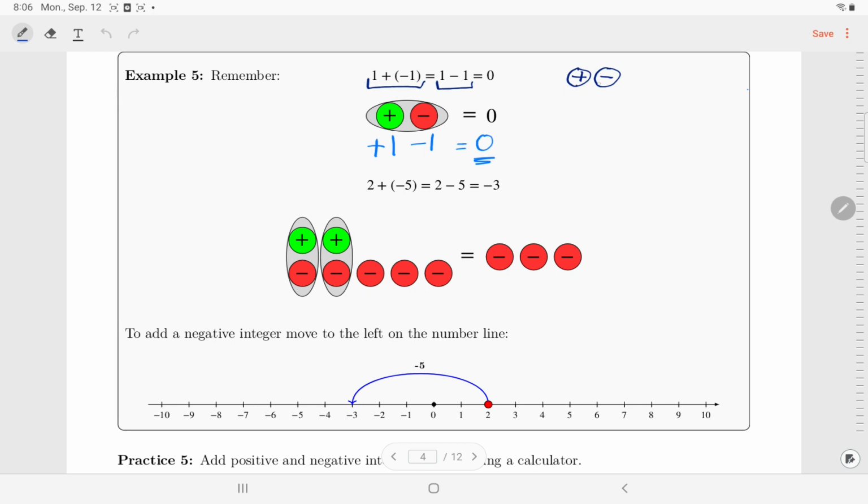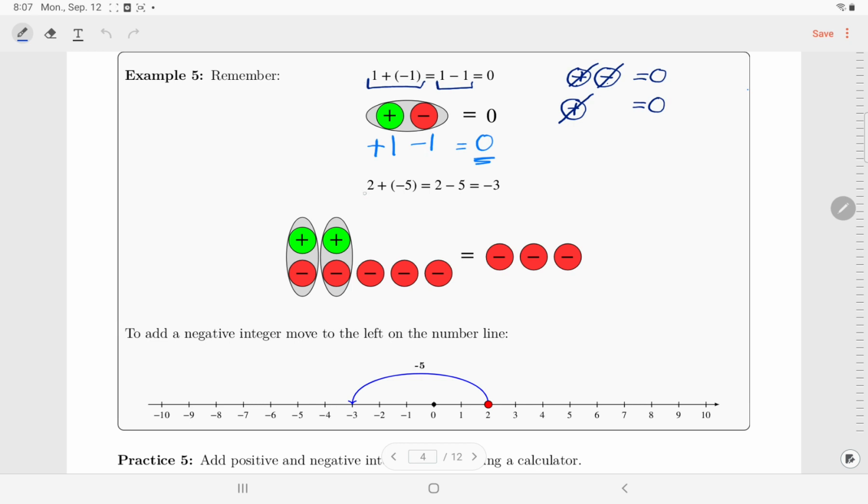So 1 plus negative 1, they cancel each other out. What about 1 minus 1? We start with a positive 1. Minus 1 means we remove it. Both cases give us 0.